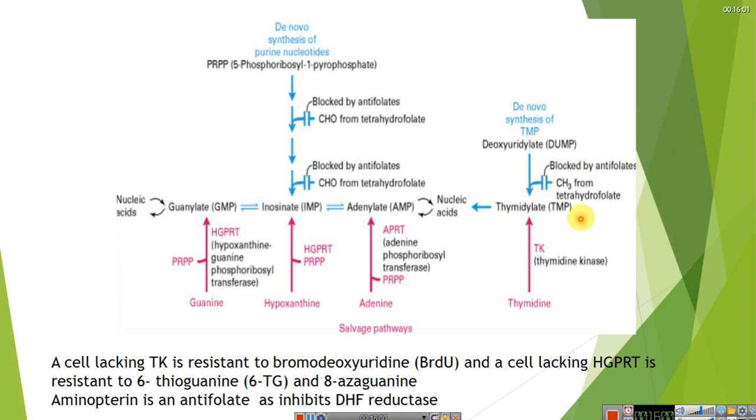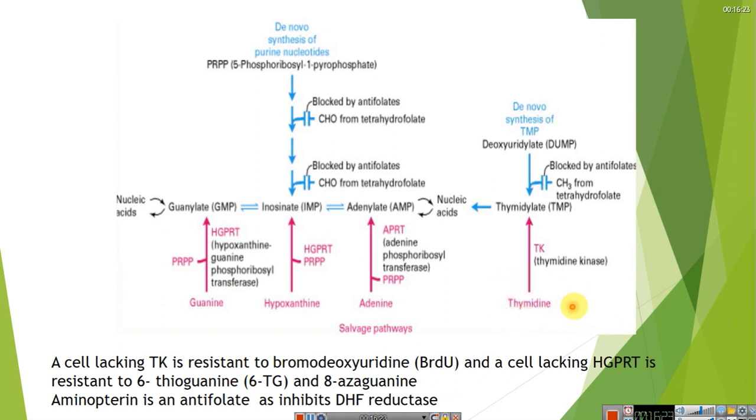So you have a de novo pathway that can be blocked with the help of antifolates, and you have a salvage pathway for which you will have to provide the precursors. Now even the conversion of these precursors requires some enzymatic activity.